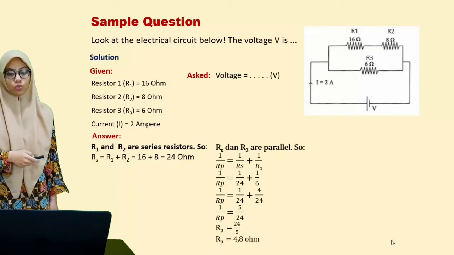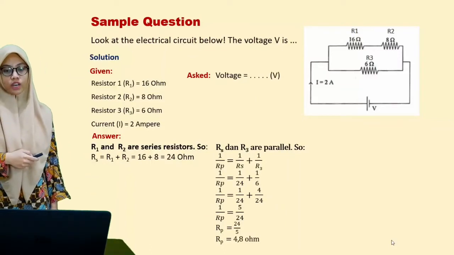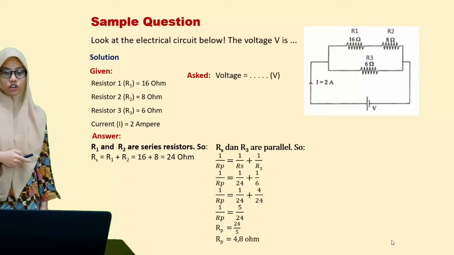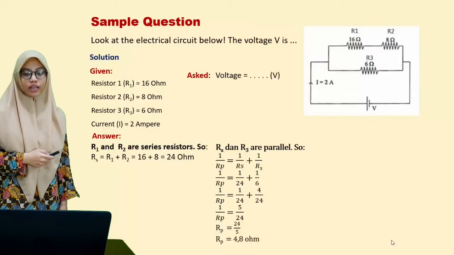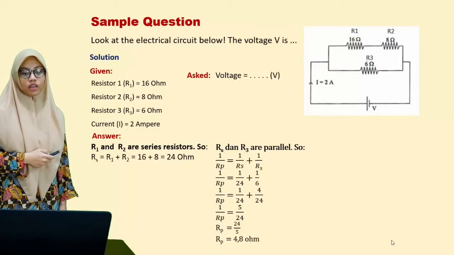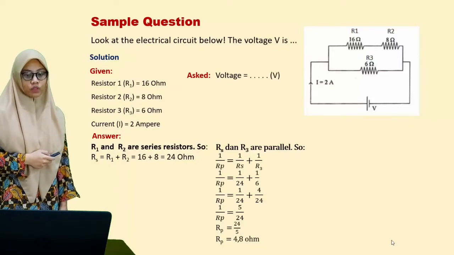After that, we must determine the value of the R parallel. After we get the series resistor, we must count the parallel resistor. For the formula, 1 per Rp equals 1 per Rs plus 1 per R3.